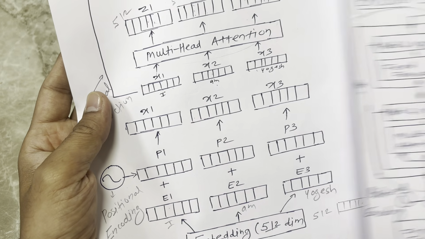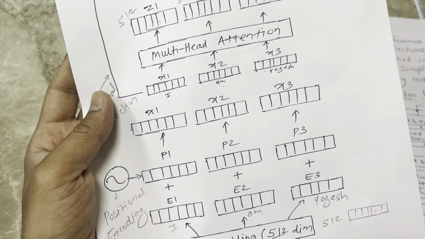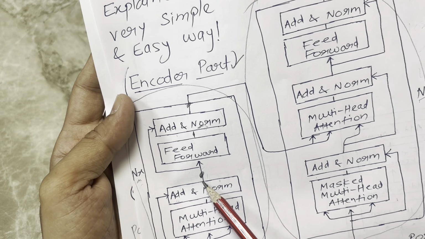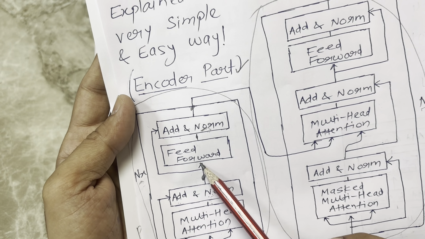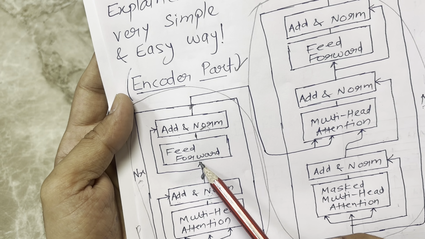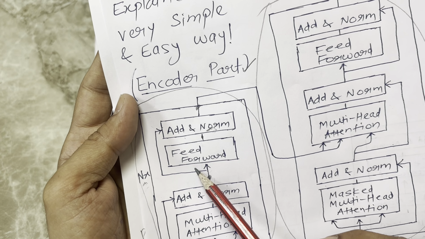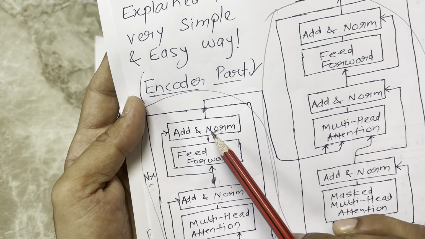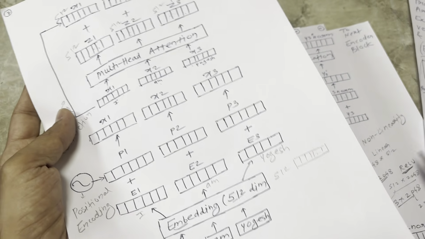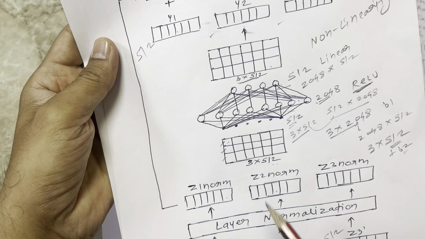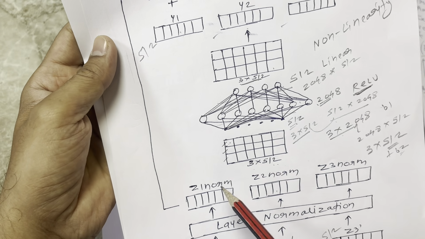Then what we did, we applied the feed forward neural network. You see, we were here, now the feed forward neural network, and then add residual and layer normalization again. That is nothing but what you see here. Feed forward neural network, right?